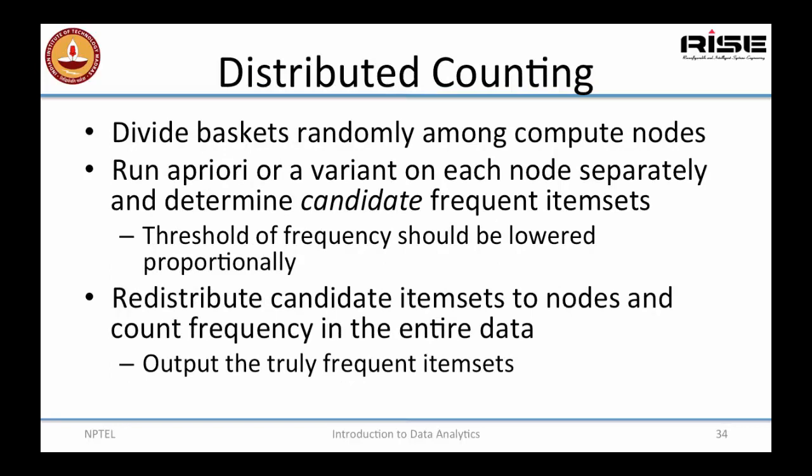You divide baskets randomly among compute nodes. Here we are talking about market basket data, so the transactions are randomly divided among all the nodes that you have. You run Apriori in each computing node separately, and whatever turns up as frequent item sets in each of those nodes are now candidate frequent item sets.